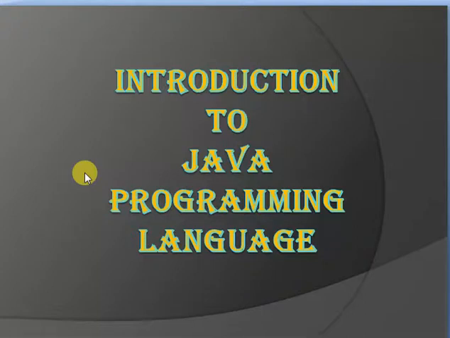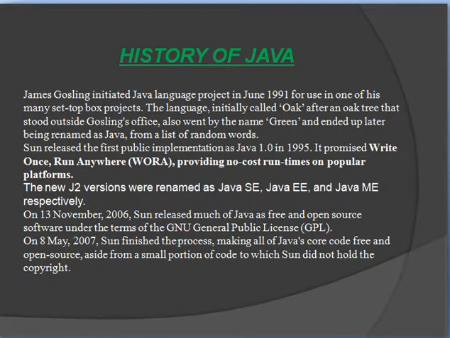So, what is Java? First of all, I'm going to show you the history of Java. These are the history of Java. You can also Google search on the histories, because the history is plenty, so I can't upload all of it here.